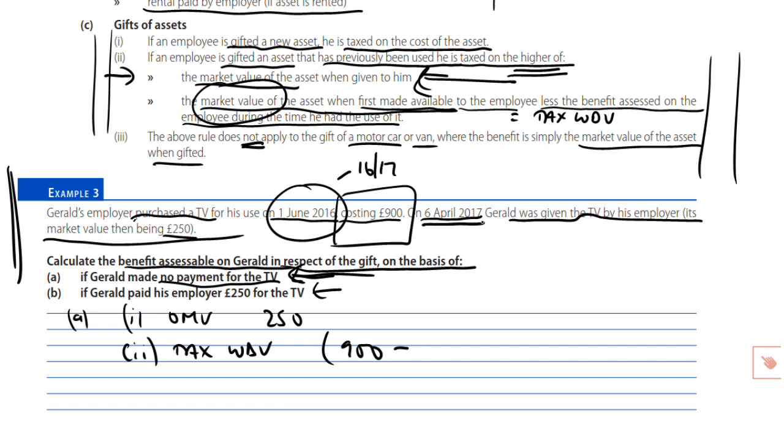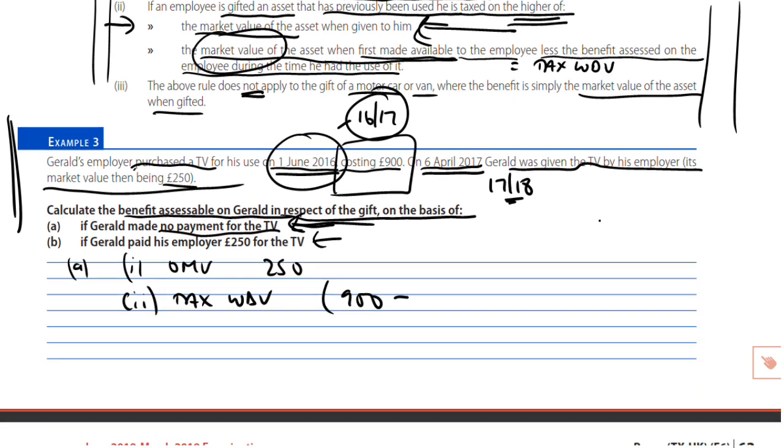We are seeing then, at the very beginning of the 17-18 tax year, the asset is transferred to the ownership of the individual. So the only assessable benefit that will have arisen is the assessable benefit in 16-17. But look, it's only the 1st of June 16, so it's not even a full year's worth of assessable benefit that has been charged for the 16-17 year. So what would a full year's benefit be? Let's just do a little working of that.